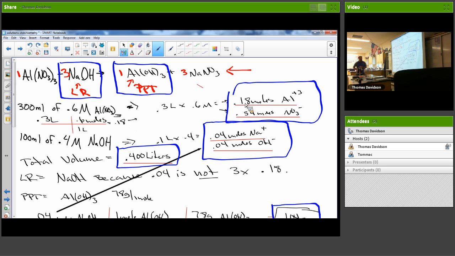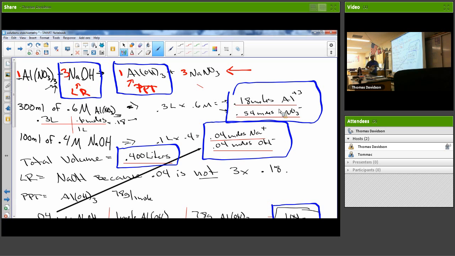Does everyone know where the 0.54 came from? Okay, good. Since I have a 3 right here, for every one of these compounds, I have 3 times the amount of NO3. All right?